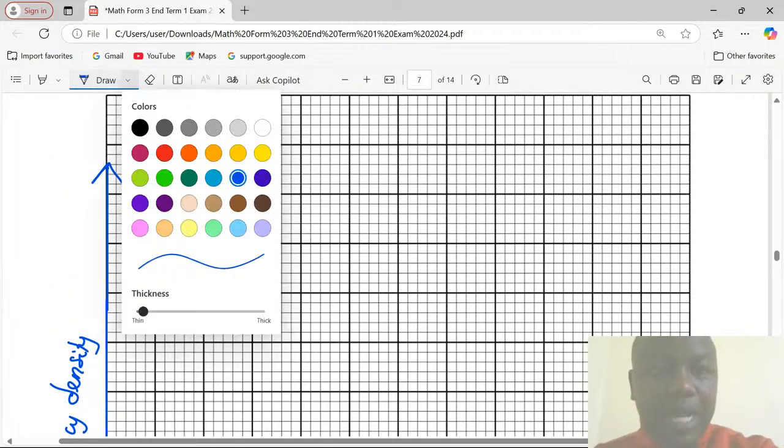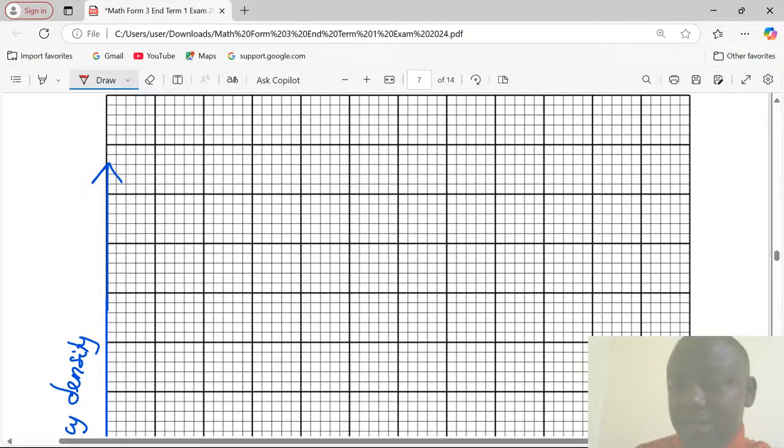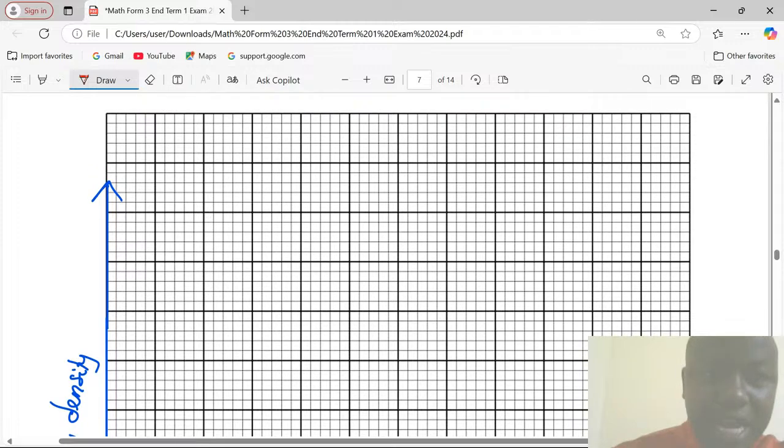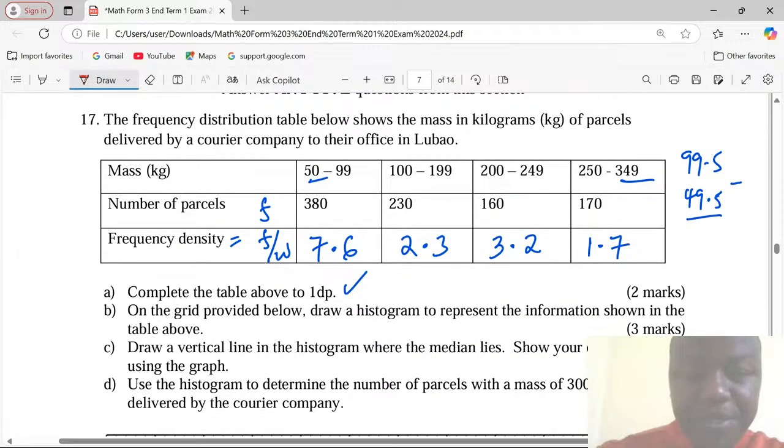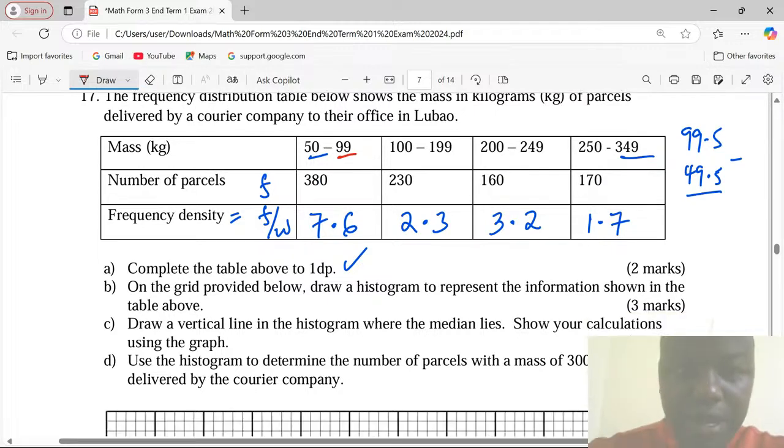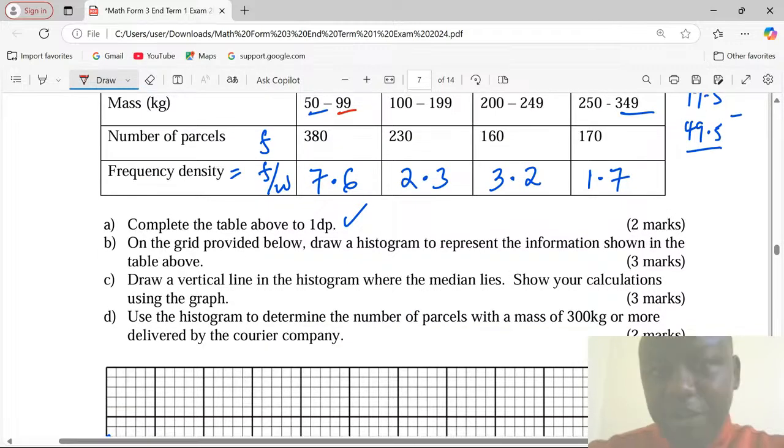So now we can come up with the bars which will represent the data. The first bar, which represents the first class, will be 49.5 all the way to 99.5 with a height of 7.6.